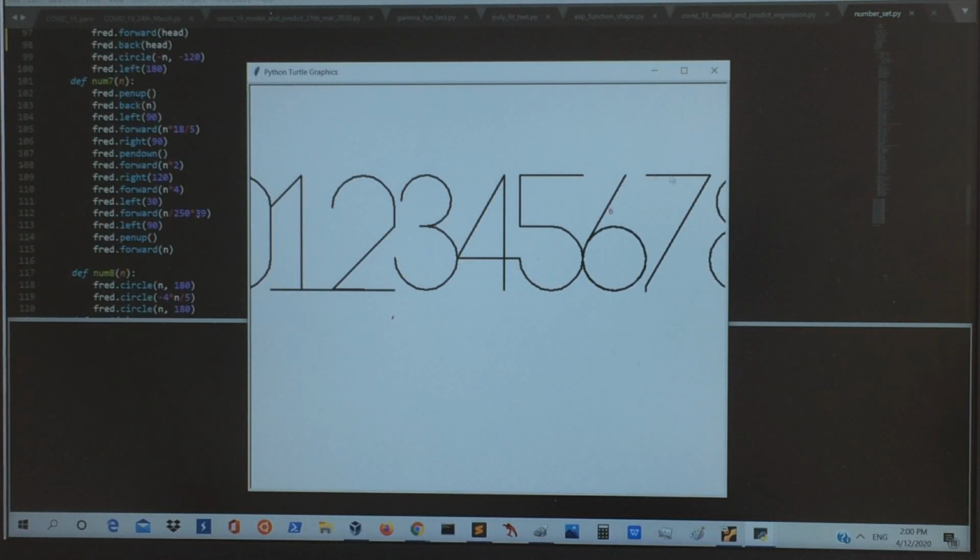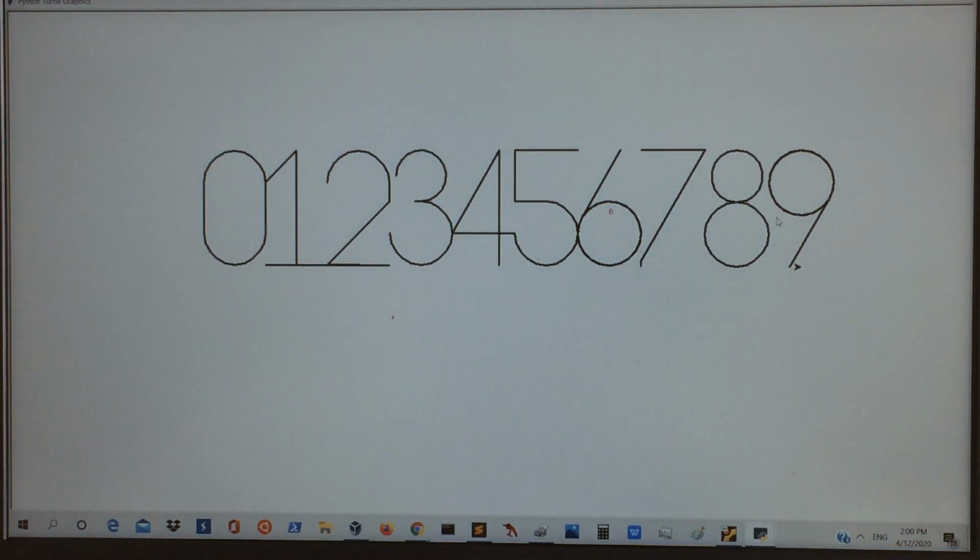That means I could draw a 7 like this. It's got this little bit because the square root of 3 times 100 is only 7 pixels off 180, so 7 pixels down.